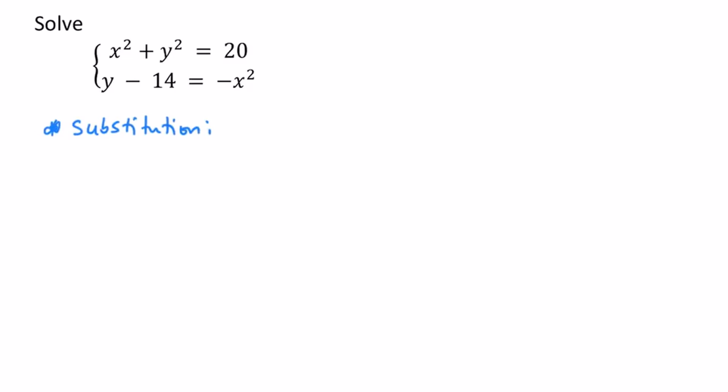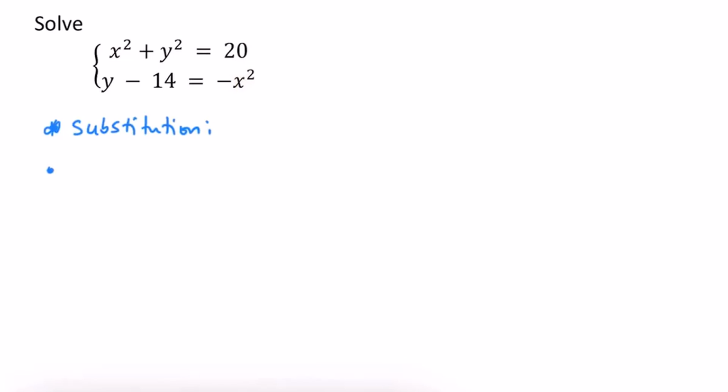With the substitution method, pick one of the two equations and solve for one of the two variables. So here, because in the first equation we have x squared and we have y squared, if we solve for the x squared in the second equation, we can plug it into the first equation.